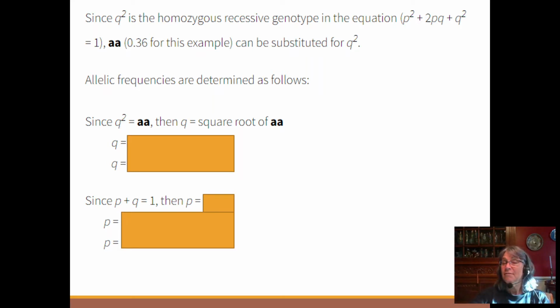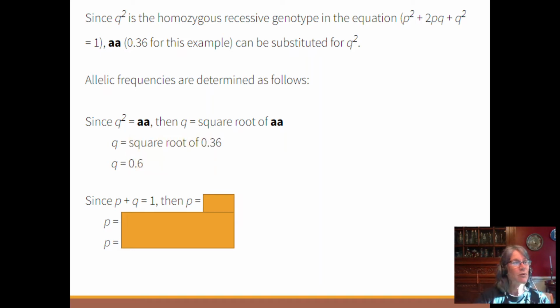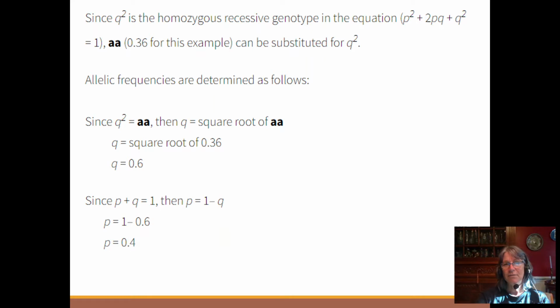Q squared must be 0.36, 36% of the population. So now I can work this out to figure the allelic frequencies, my P and Q. Q squared is my homozygote recessive. It's the square root of 0.36, so Q is 0.6. And I know that P plus Q equals 1 to account for all of the alleles in the population, so P must be 0.4.